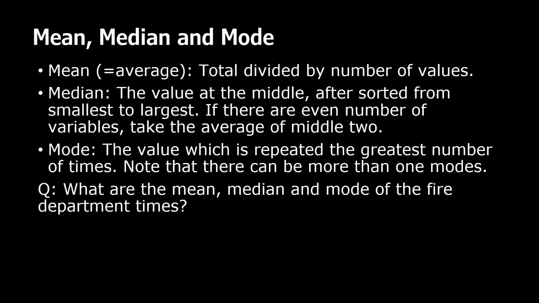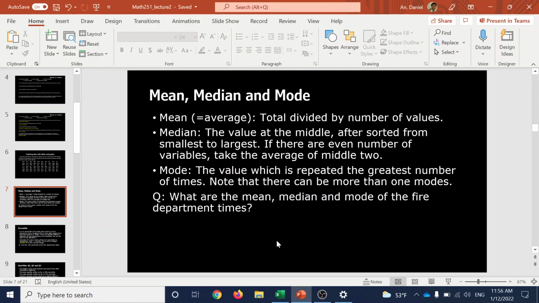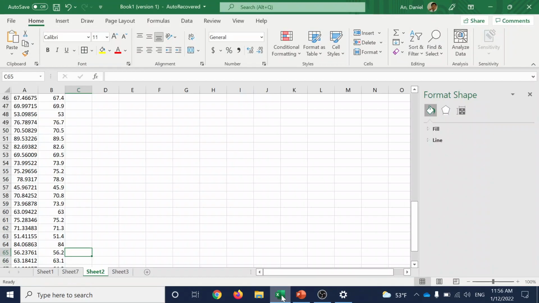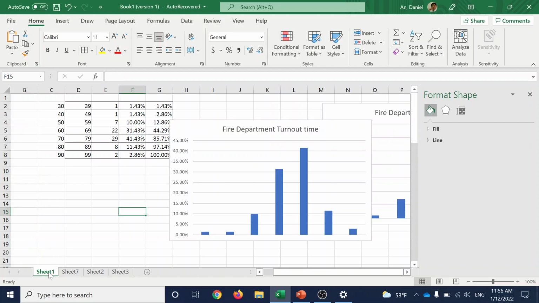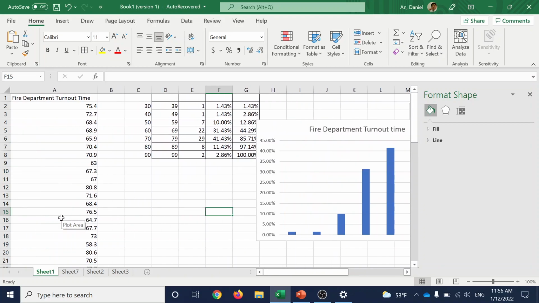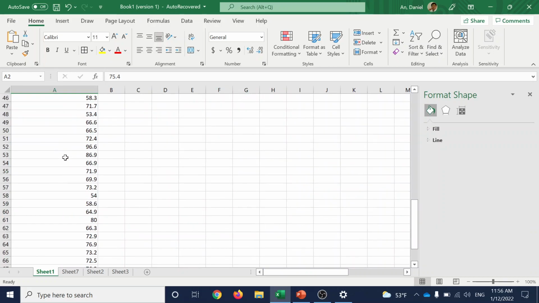So here's a question. What are the mean, median, and mode of the fire department times? For this, I will try to use Excel. I have the data here. Okay, so this is the data of the response times.